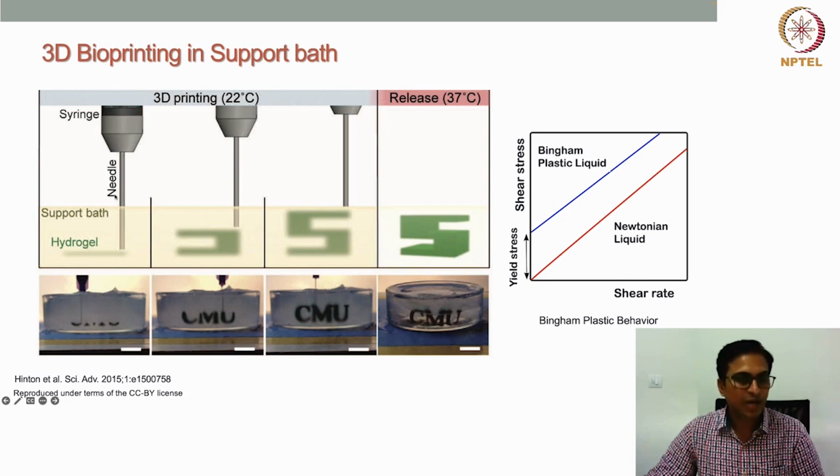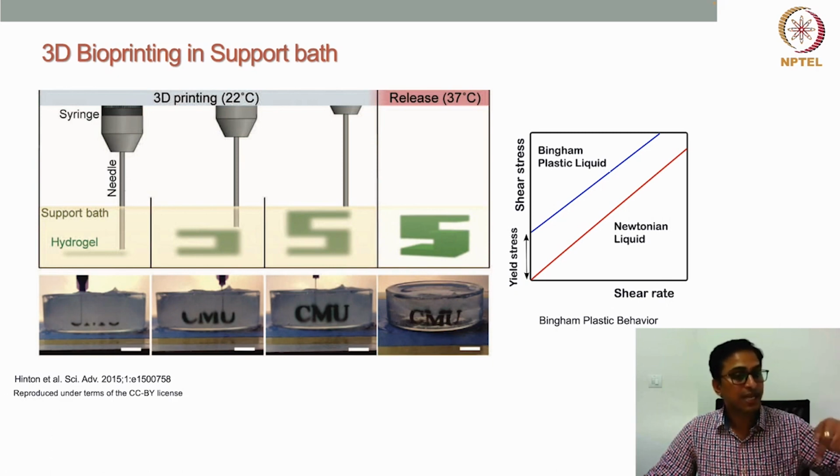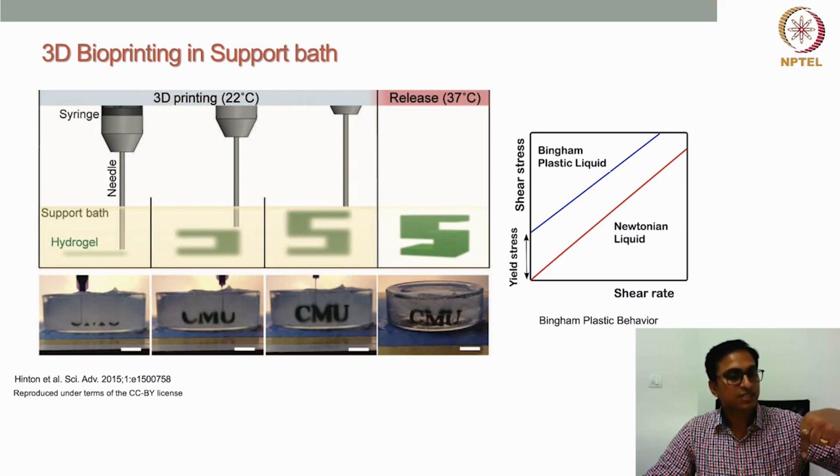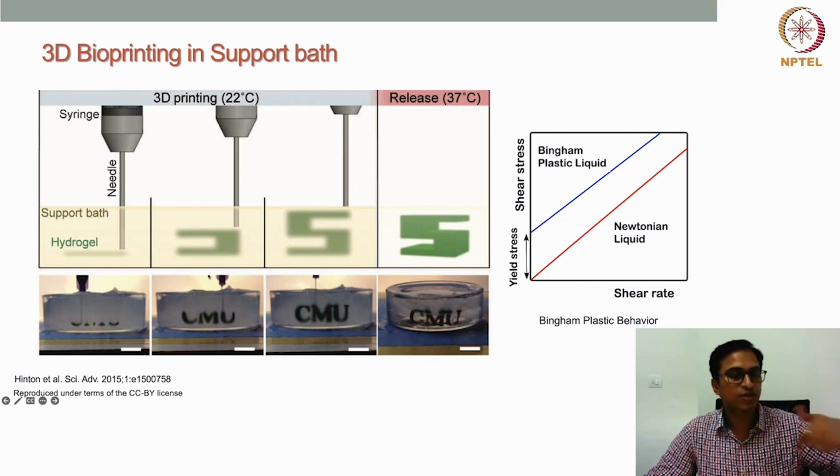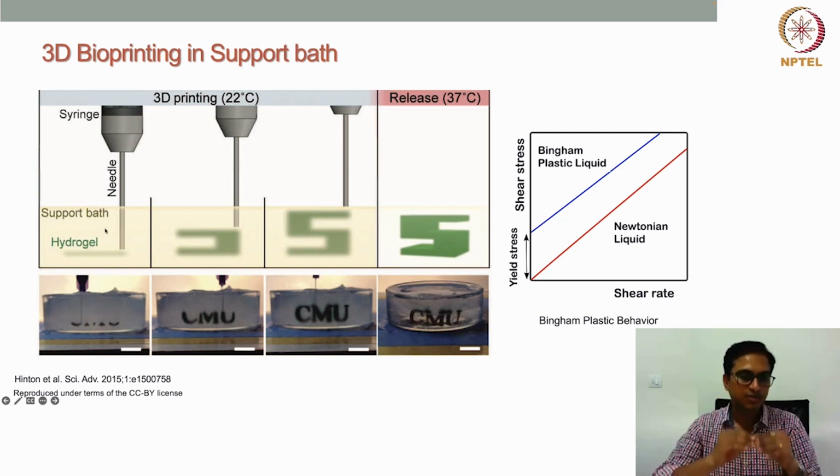But when I start moving the nozzle within the support bath, the support bath material withstands the pressure up to a certain level, till that yield stress. After that critical value, the nozzle can move, and the support bath material will also start flowing and behave like a liquid-like material.